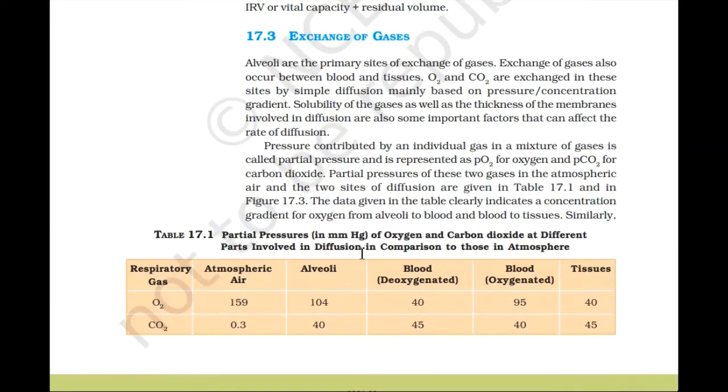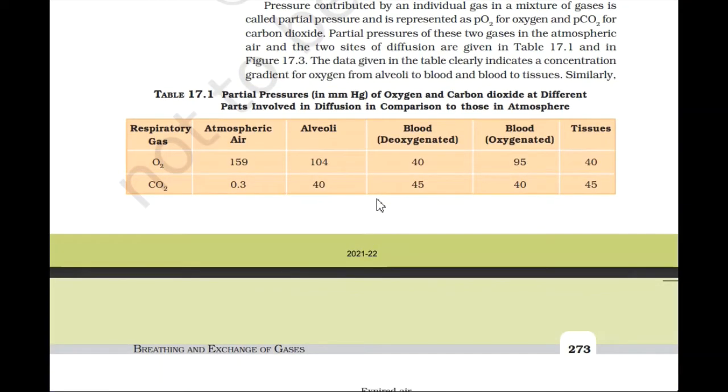Let us see the partial pressure in mmHg of oxygen and carbon dioxide at different parts involved in diffusion in comparison to those in the atmosphere. Respiratory gas O2: atmospheric air contains 159, alveoli contain 104, deoxygenated blood contains 40, oxygenated blood contains 95, and tissue contains 40.